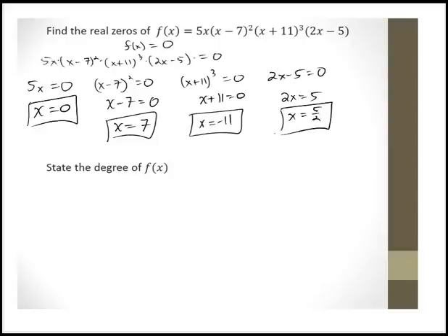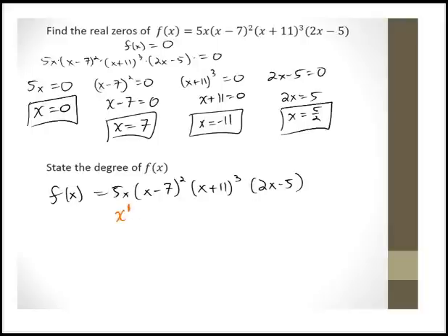State the degree of the function. So we have this function. Now, if we were to multiply this all out, the first factor contributes an x to the first.